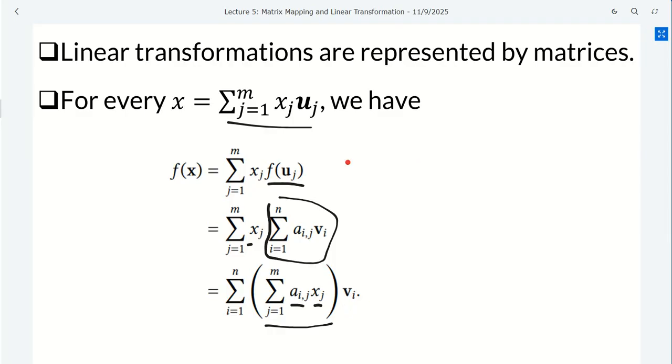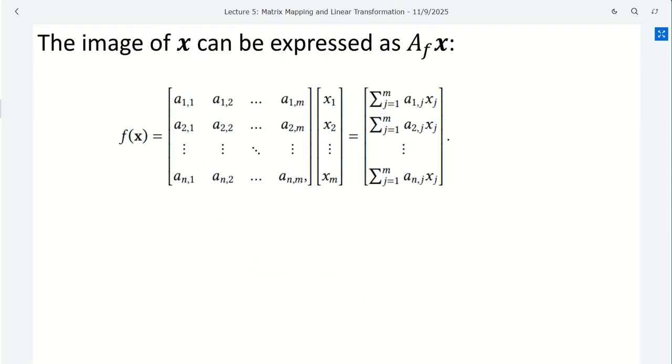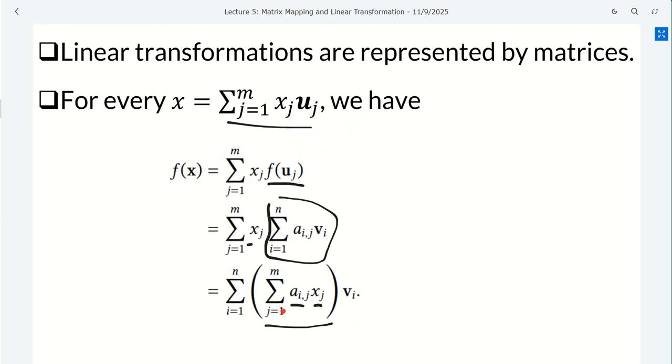Now, we'll have a practical example to understand what is actually happening. So this is our matrix, this is our vector, and this is the result that we are getting. The matrix is multiplying our vector.